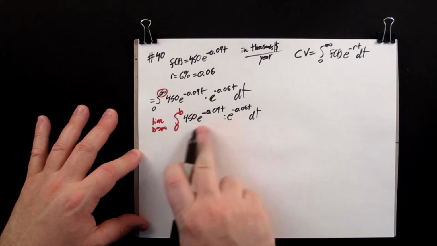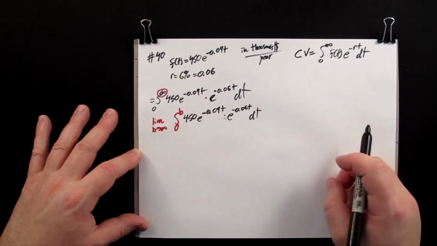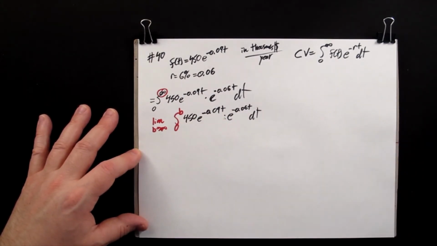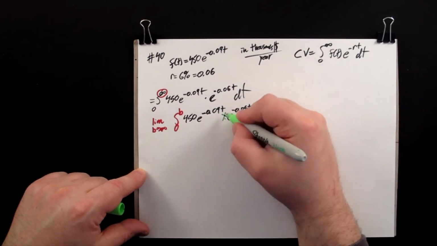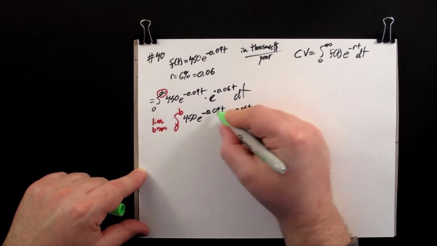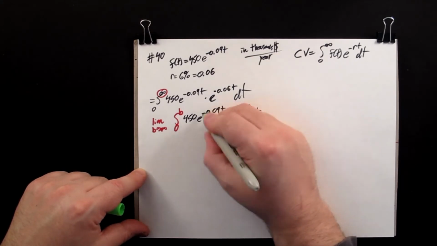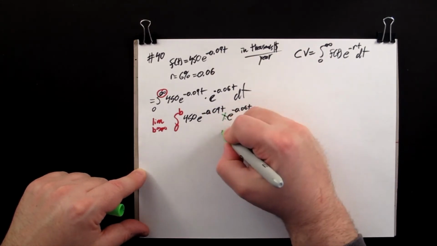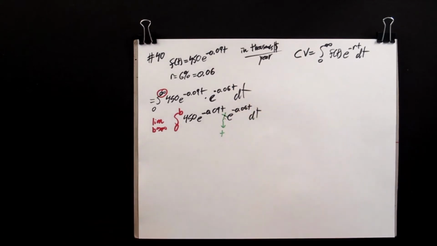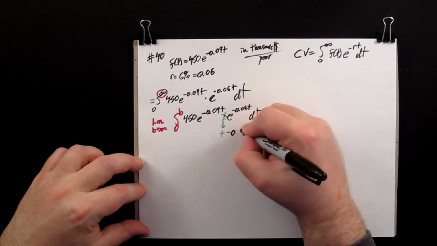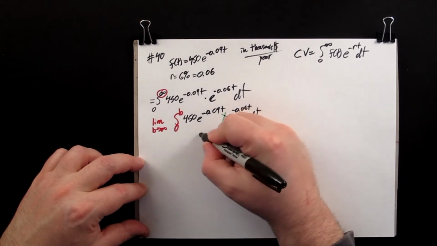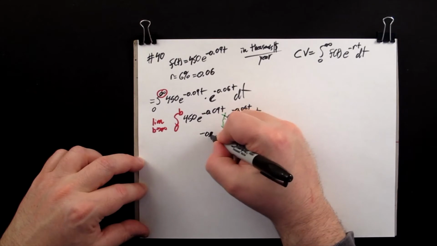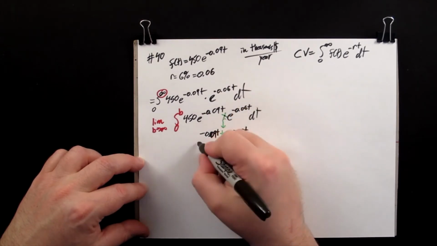So this, as it's written, is hard to do, but if we realize that what we have is two exponentials that are multiplied, and they have different values in the exponent, the multiplication turns into addition of those exponents. So negative 6% and negative 9% in the exponent.